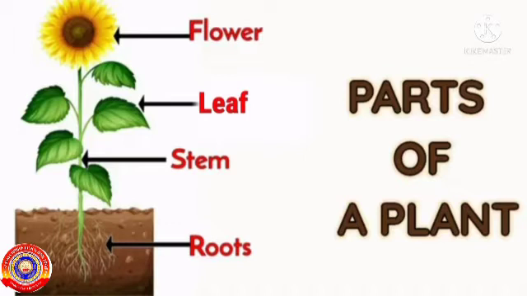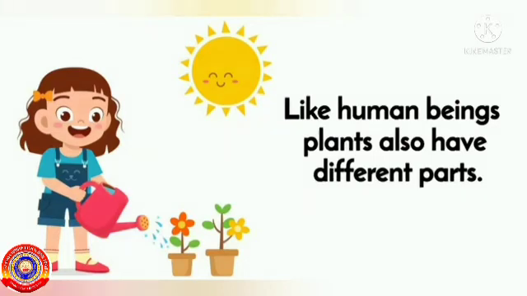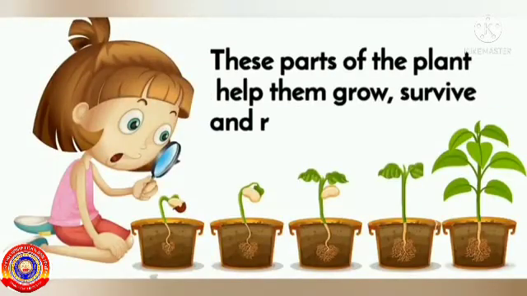Today we are going to study about the parts of plant. Like we, the human beings, plants also have different parts. And these parts of the plant help them to grow, survive and reproduce.